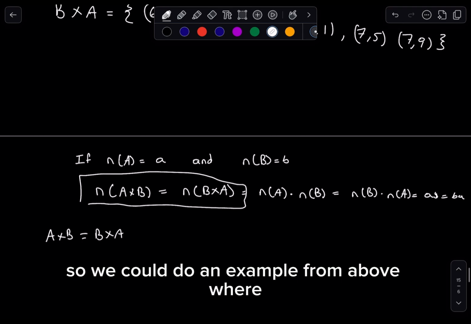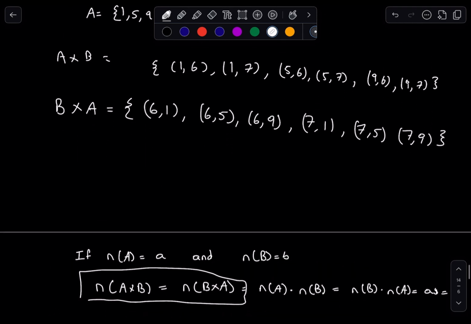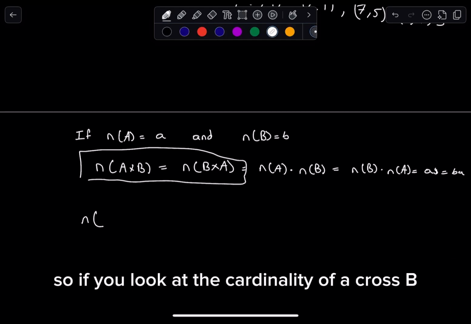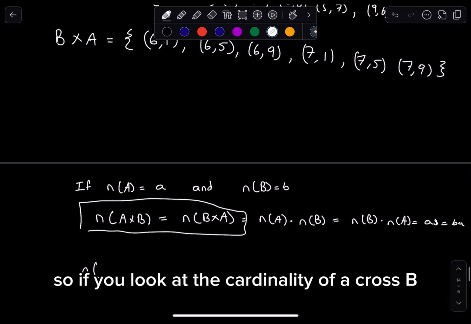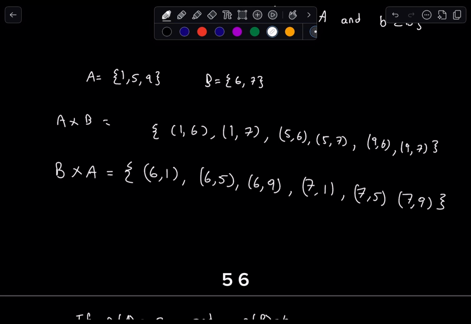So we could do an example from above where we can go through each thing. If we look at the cardinality of A cross B, that is going to be 1, 2, 3, 4, 5, 6.